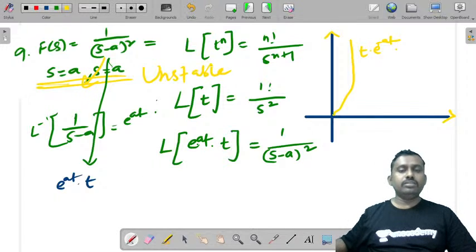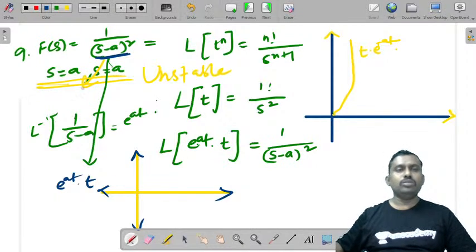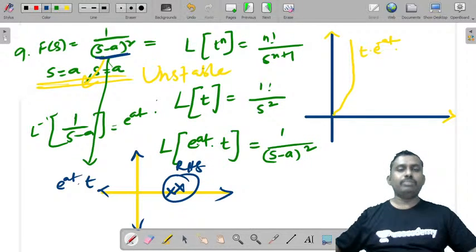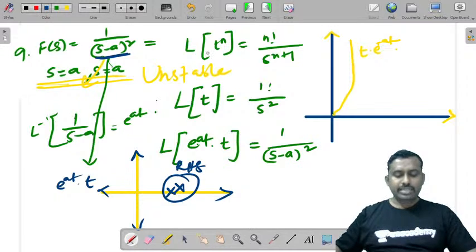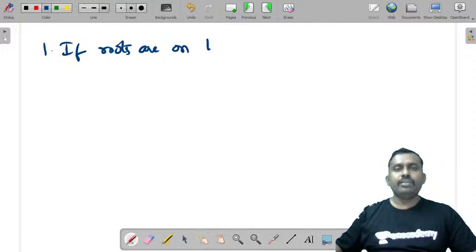Now, if you plot it on the j omega axis or s plane, what are the roots of this (s minus a) whole square? The roots are repeated on the right half of the s plane. Whenever you have roots on the right half of the s plane, the system is an unstable system.